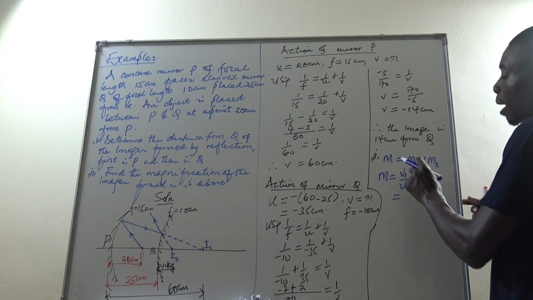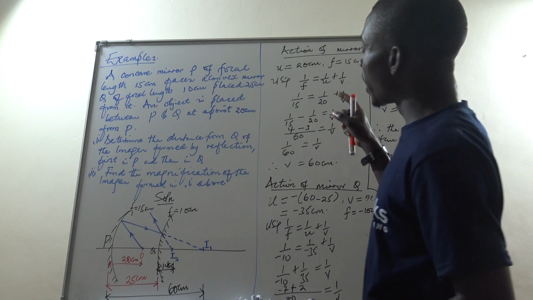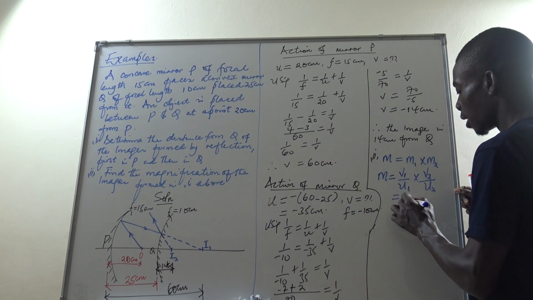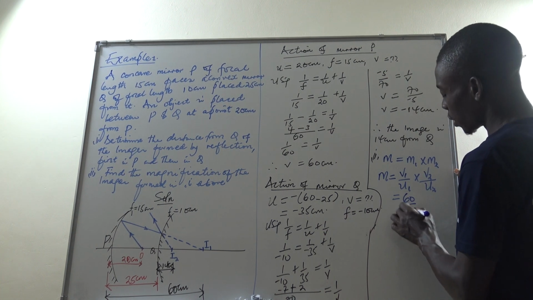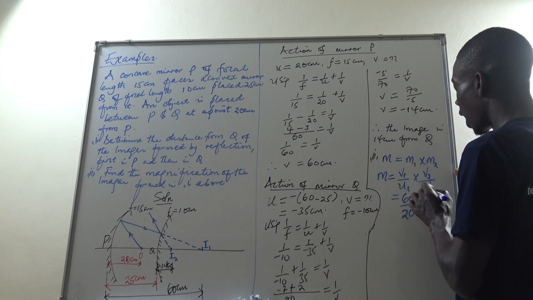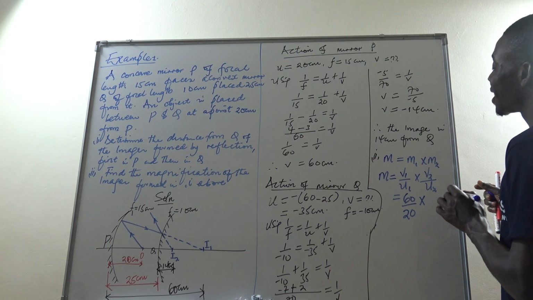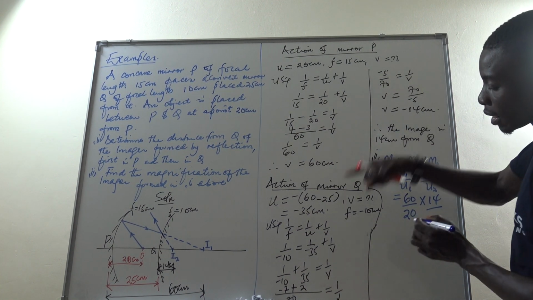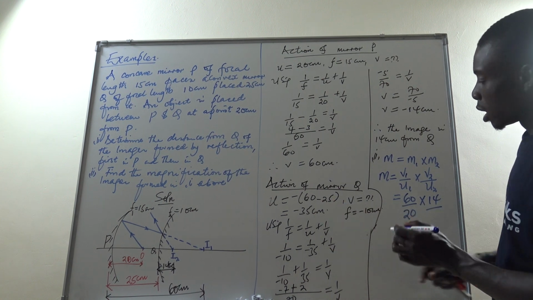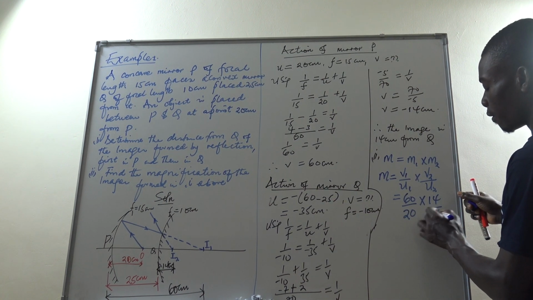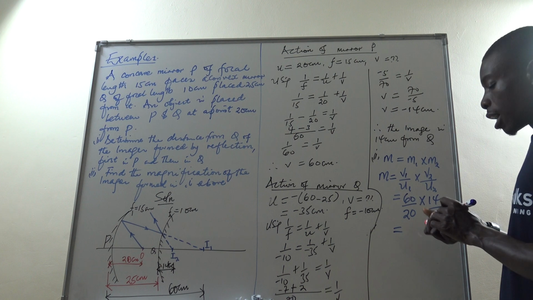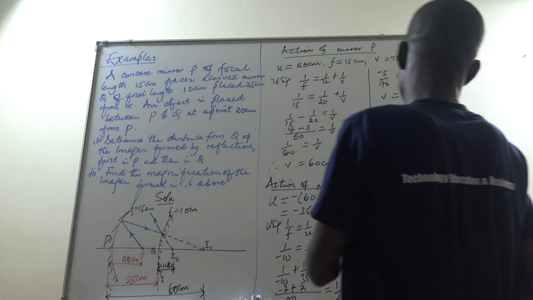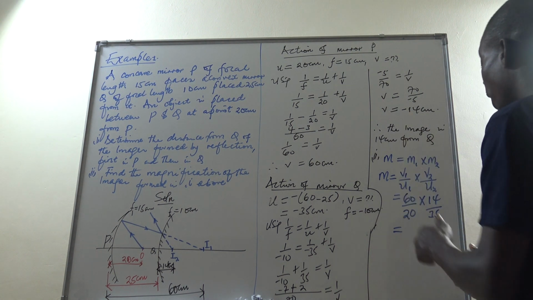The image distance in the first case is 60, out of the object distance in the first case, which is 20, times the image distance in the second case, 14, out of the object distance in the second case, which is 35. So what is my answer there? You can press and see. This can reduce and you get 3.